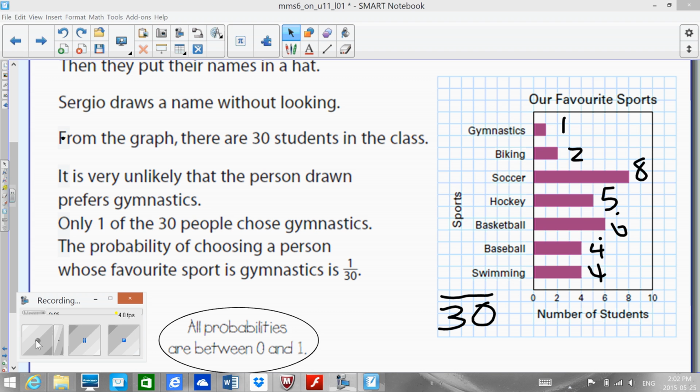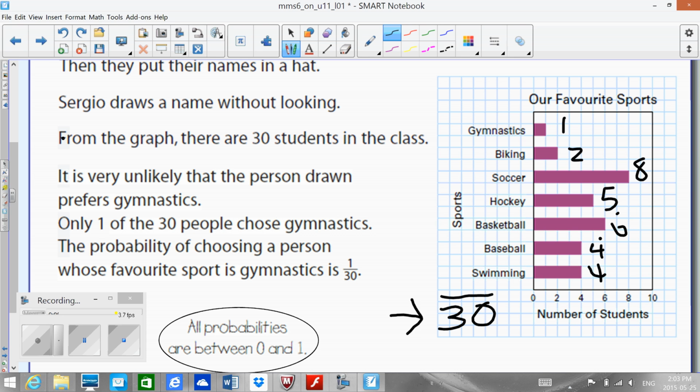So to recap, figuring out the probability of an event is almost always the same kind of exercise. You need to figure out the total number of things that could happen. In this case, there are 30 students in the class. That is always the denominator or the bottom of our probability fraction. The top of our probability fraction will always be, well, how many times is it possible to get the thing you're after or what you're looking for?